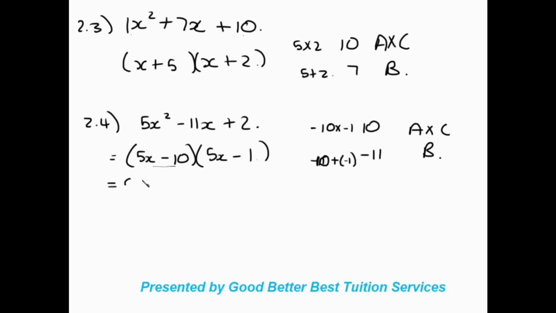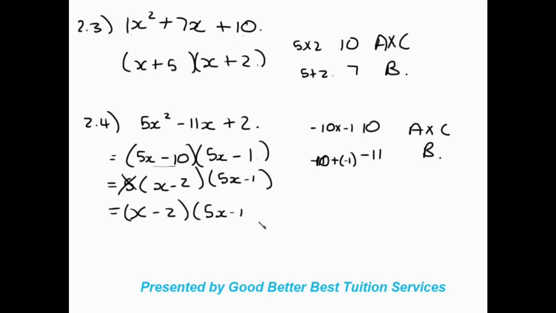So once we take out the 5, we get x minus 2. And on this side, we still have 5x minus 1. And then what you do with that 5 is, we just cancel it out, it goes away. Our final factorized answer is going to be x minus 2 and 5x minus 1. And if you times that out to check your answer, you will get straight back to our top expression over here. Therefore, this is properly factorized, okay?